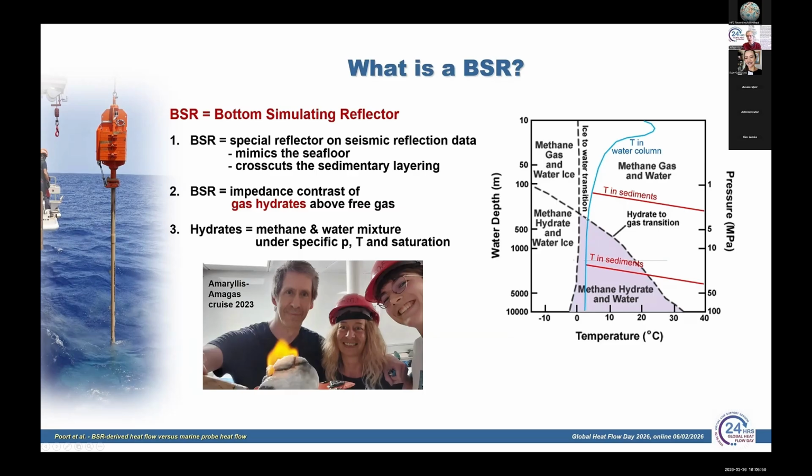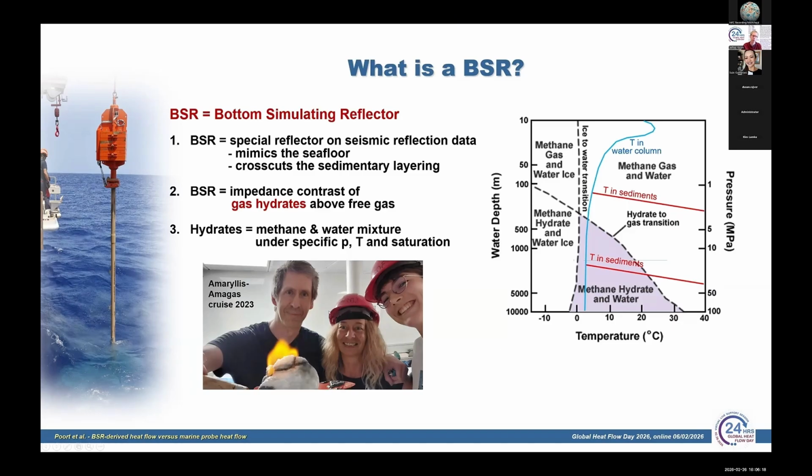So once we are at like 300, 500 meters in water depth, we can start to have gas hydrates. But then they will also stop existing because the temperature in the sediments increases, and at some point we go again to methane gas and water, without hydrates. So this is the point where we get this contrast between hydrates on top and gas below.